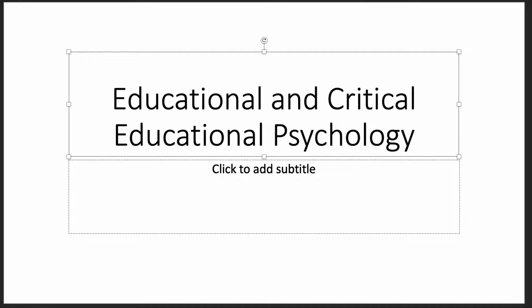But in particular, what we want to know is about students. How do students process information? How do they think? How do they remember? What affects those things? And how can we shape educational environments to, I guess, ideally affect those things? So it's declarative. It's about what is and what we can do.